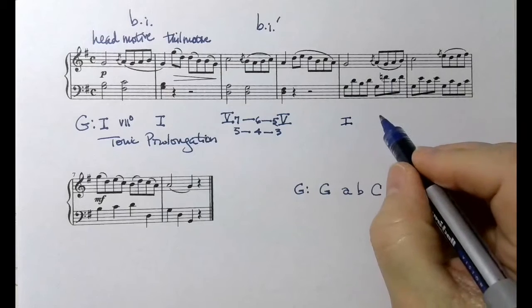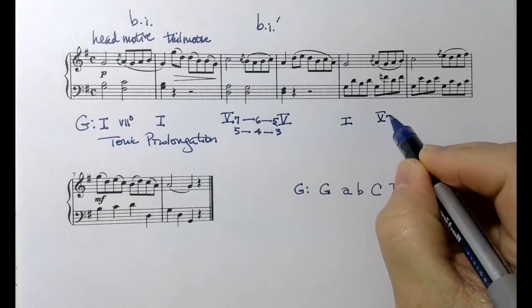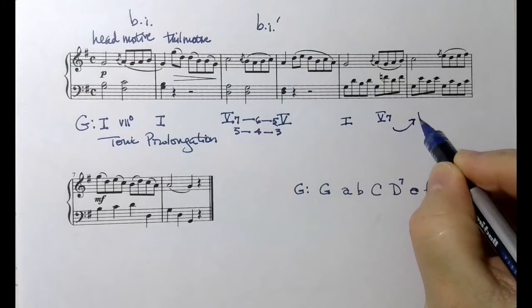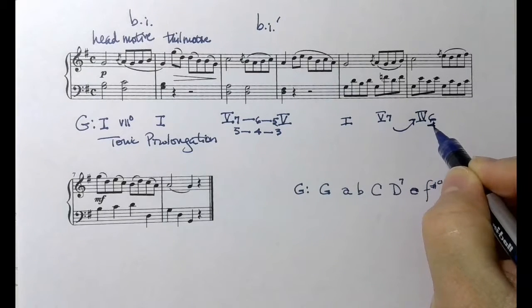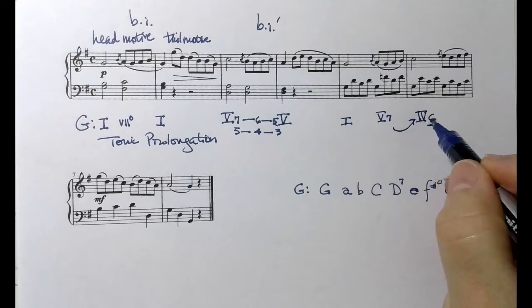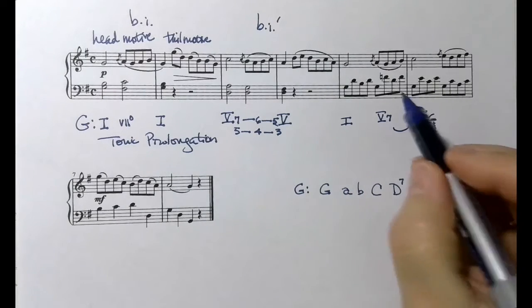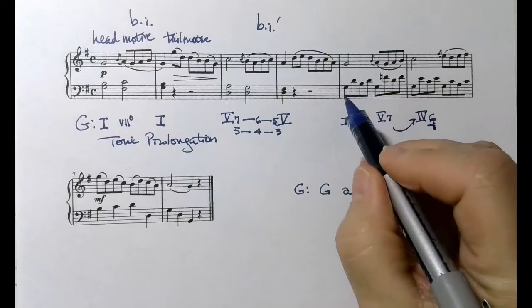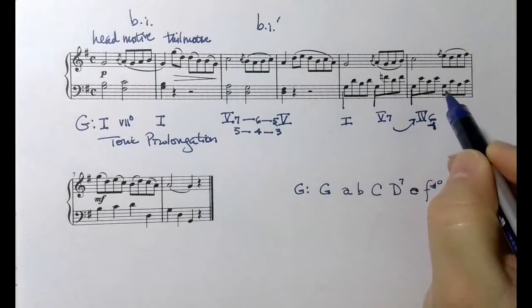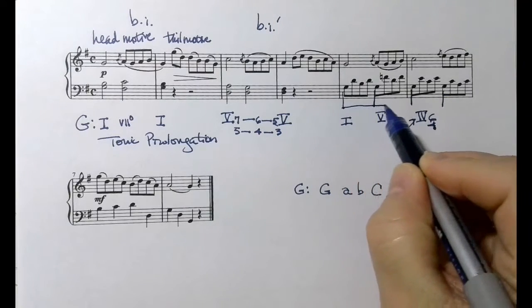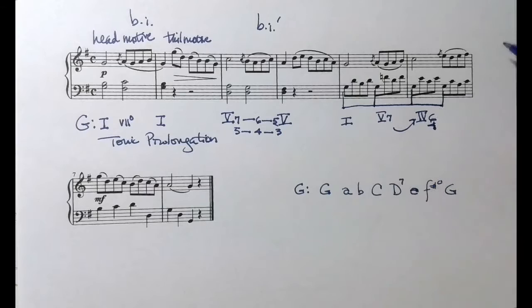The F natural indicates the secondary dominant to a 4, but that 4 is actually in 6/4 inversion because G has remained as a tonic pedal. Even though at the very end we get a suggestion of a 2 chord with the A, C, and E.